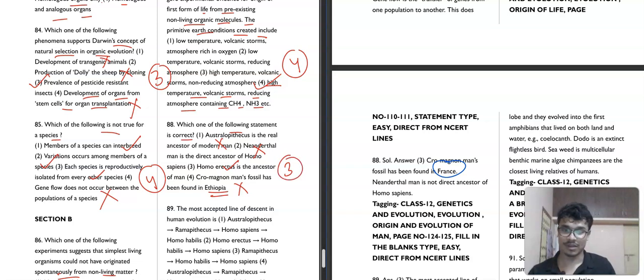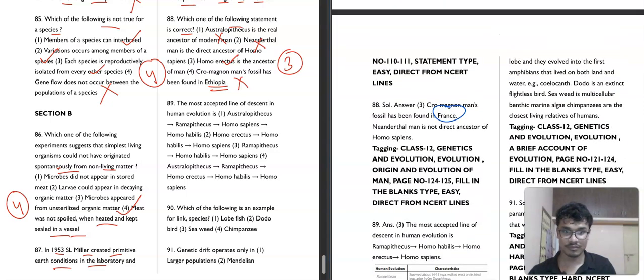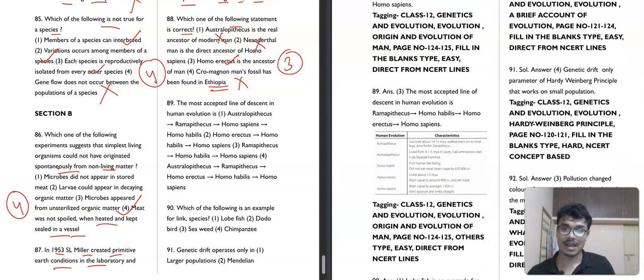Then question number 89. This is a very good question, I think. The most accepted line. This can come in NEET 2025. I am predicting the paper. Okay.